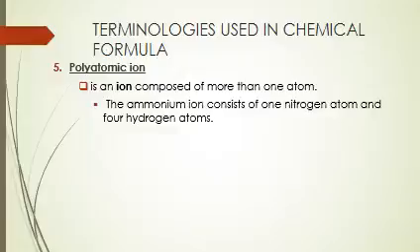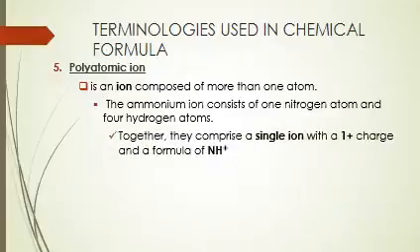So it's an ion composed of more than one atom. You can see the ammonium ion is composed of more than one atom. Together they comprise a single unit or a single ion. The combination of those atoms forms a single ion, which is known as a polyatomic ion, having more than one atom.